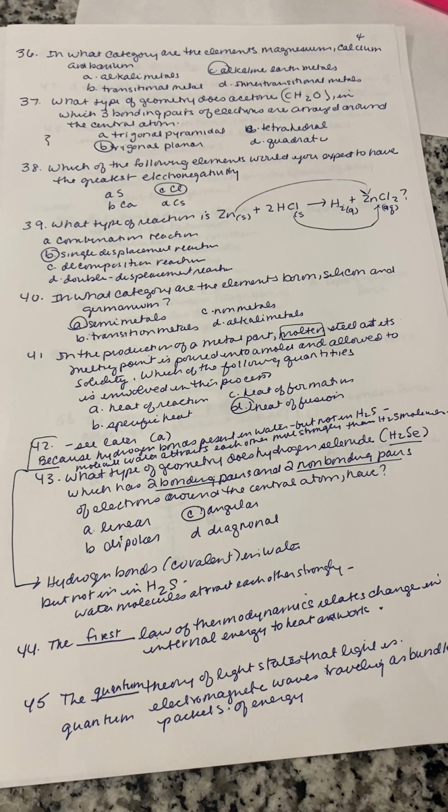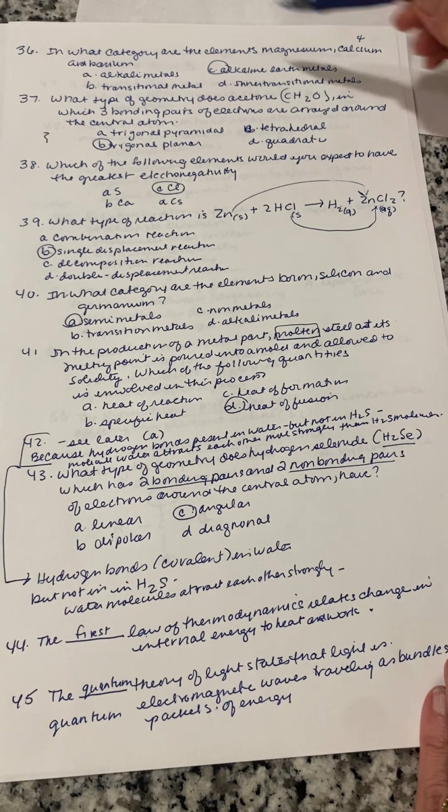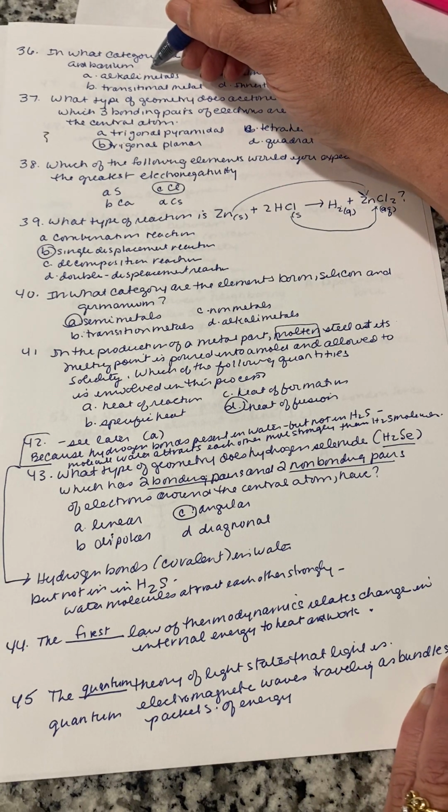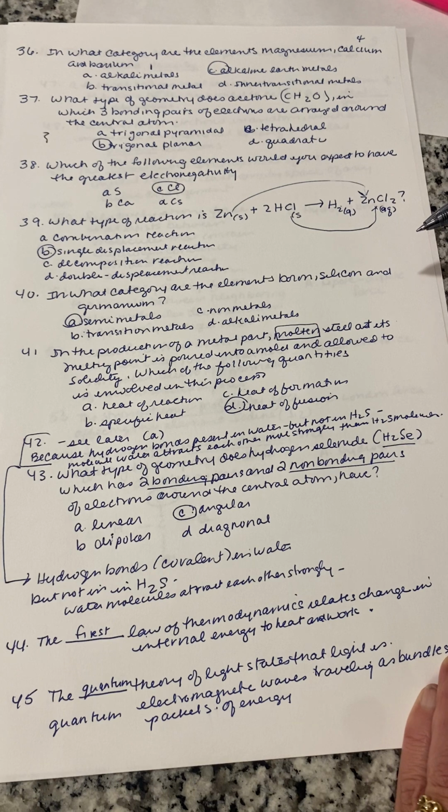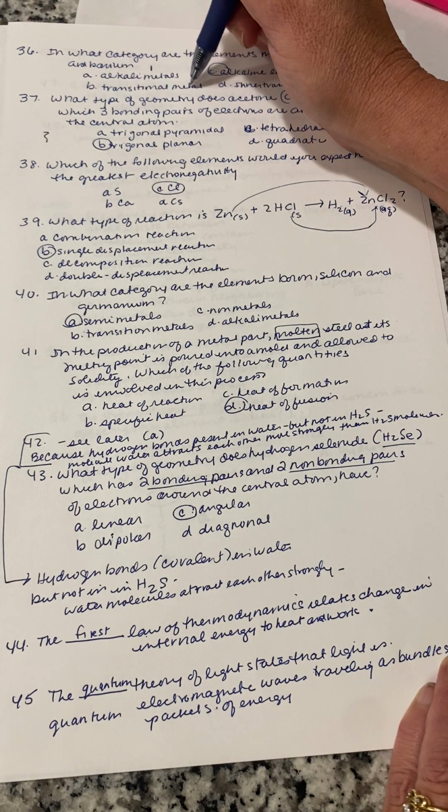So, number 36. In what category are the elements magnesium, calcium, and barium? They're all the same. So what are they? The alkali metals, they're going to be in number 1. And none of those are in number 1. You look in your periodic table and see which number group they're in. Transitional metals, they're all in the middle, right?